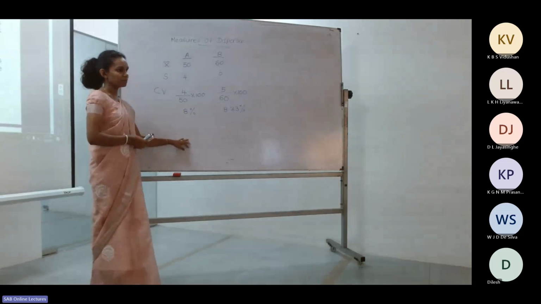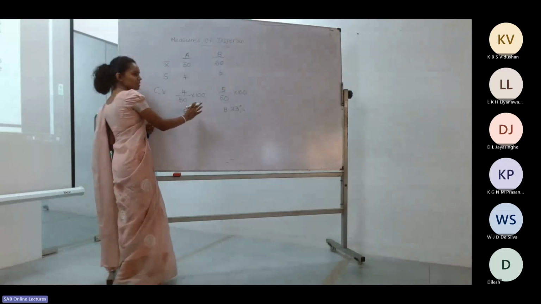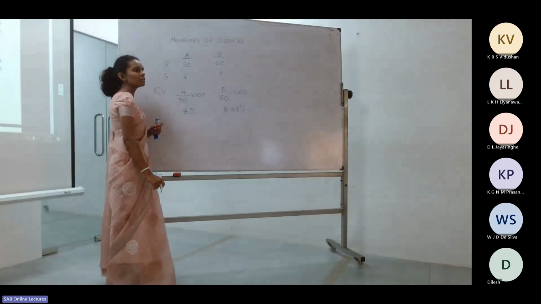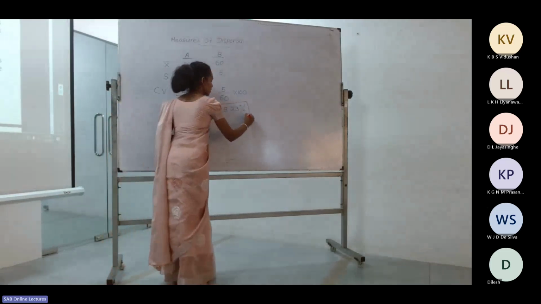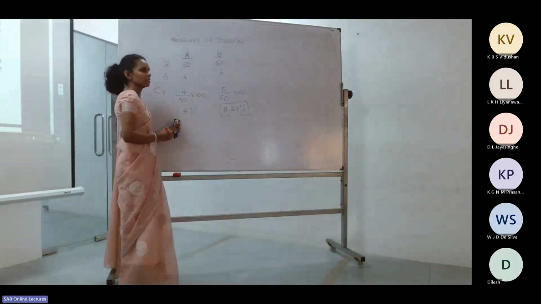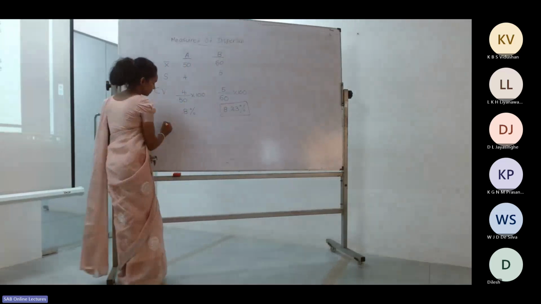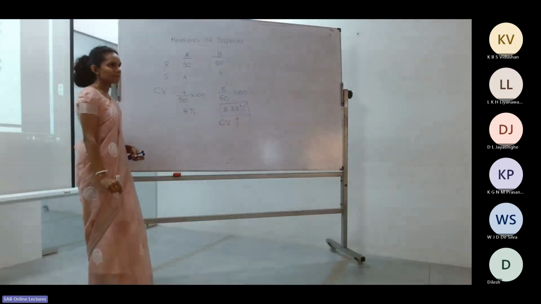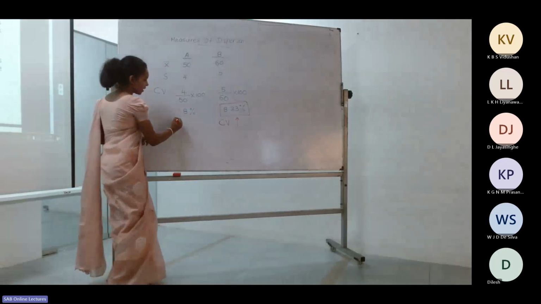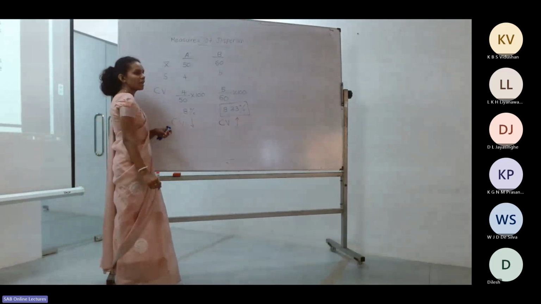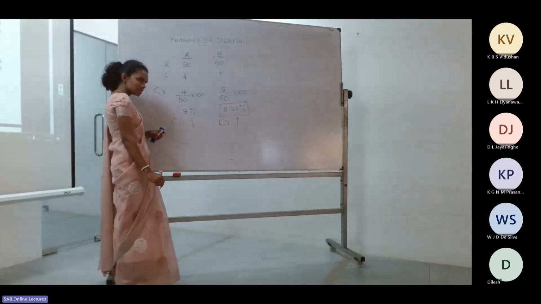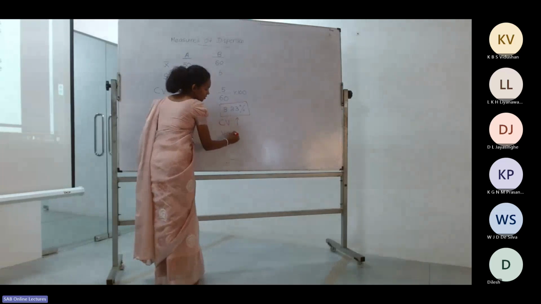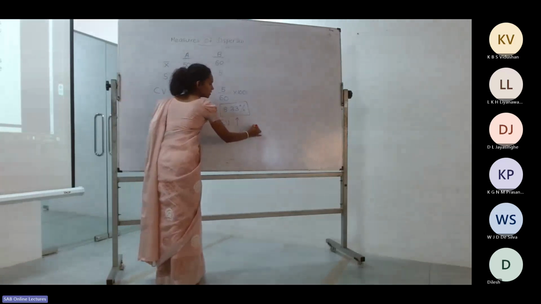Then how do we interpret it? Which one has the higher CV value, class A or class B? Class B gives 8.33, which is greater than 8. So the CV value is high in class B, and the CV value is less in class A. Is it clear? If the CV value is high, it means the variation is high.